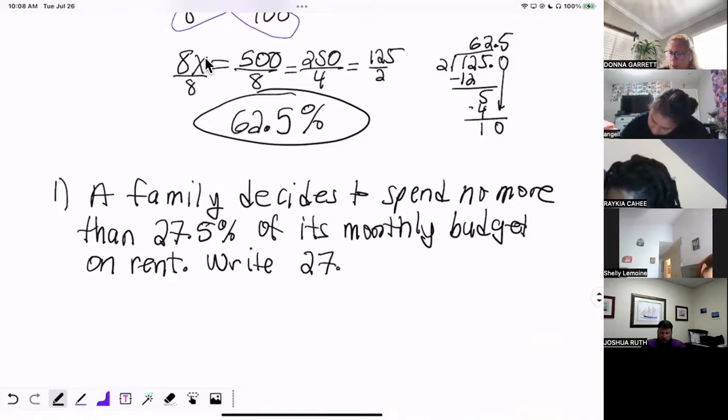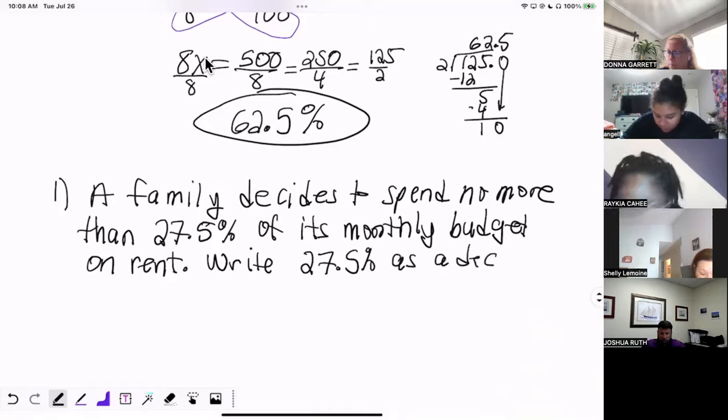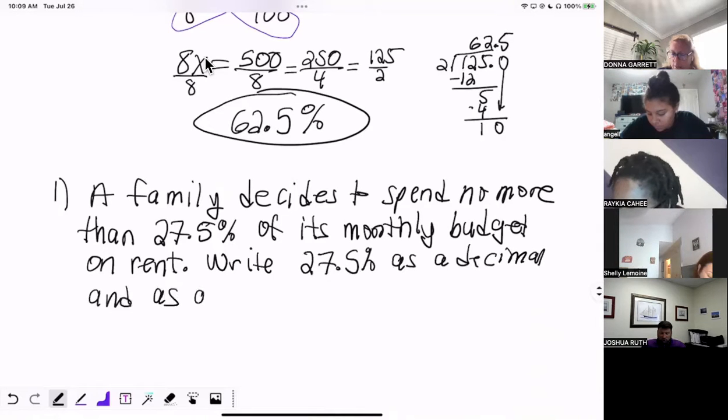Write 27.5% as a decimal and as a fraction.